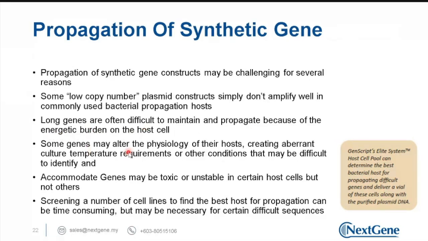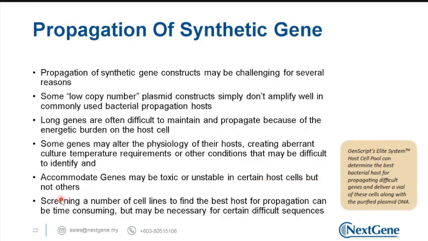Some genes may alter the physiology of their host, creating aberrant culture temperature requirements or other conditions that may be difficult to identify. The synthesized gene may also be toxic or unstable in certain host cells. However, in some cases, some host cells can tolerate this.